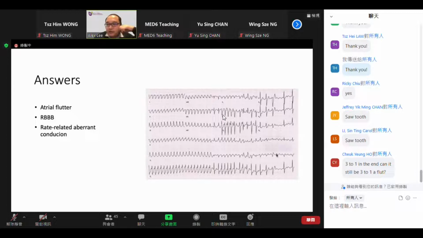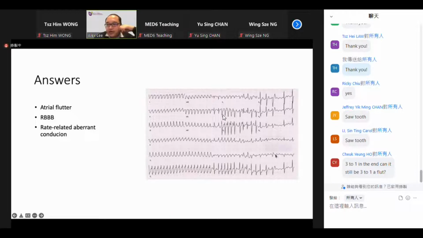So I think the diagnosis is atrial tachycardia at the end here rather than flutter, because you should not see an isoelectric baseline if it's purely a sawtooth shaped atrial flutter. But this is a minor point.